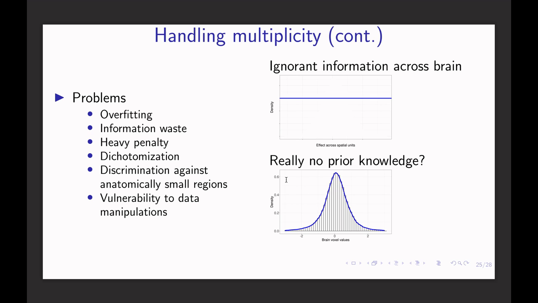They are in the wasteland. So too much information is wasted, and you discriminate against those anatomically small regions because they are intrinsically disadvantaged. Since they are small, it is difficult for them to form big clusters. Even if their statistical evidence intensity can be high, intrinsically they're small, right? Anatomically small. So you put them in a disadvantageous place.